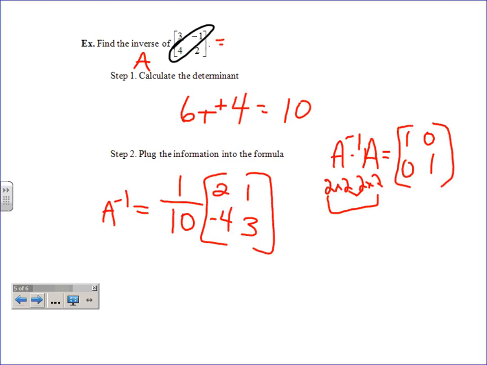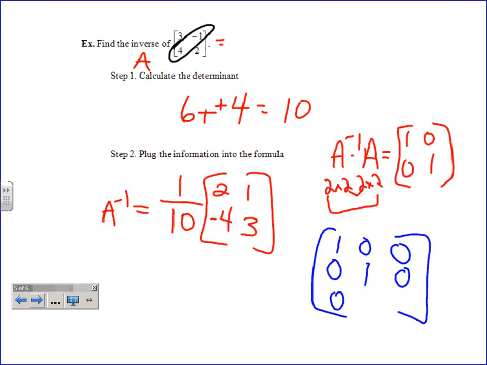It does have to be square, though. So does a 3 by 3 have an identity matrix? 3 by 3? Sure. What's it look like? Yeah, that's all you got to do. That's basically 1 in matrix form.